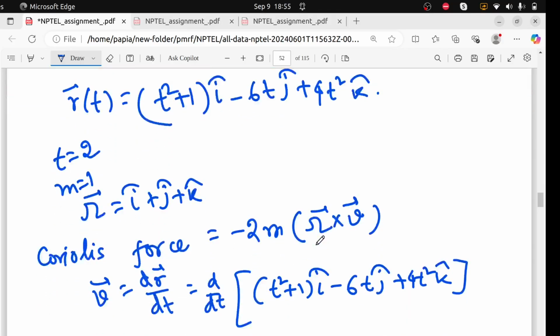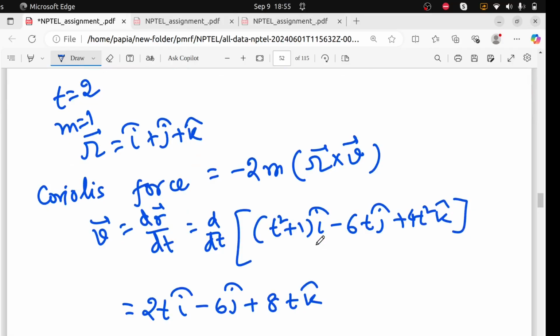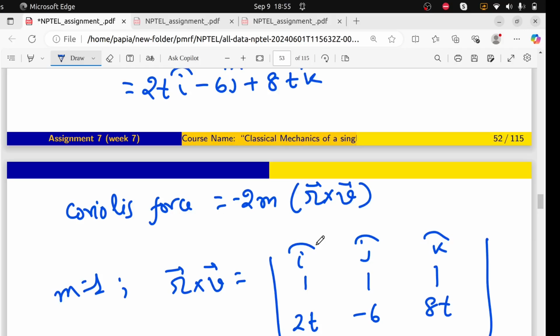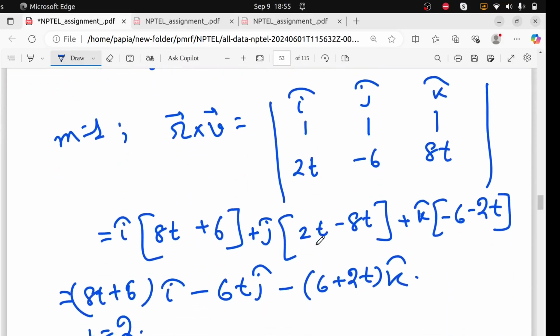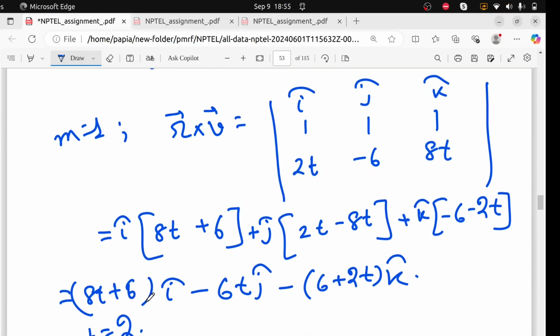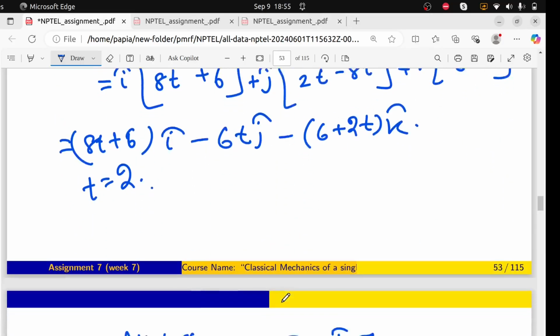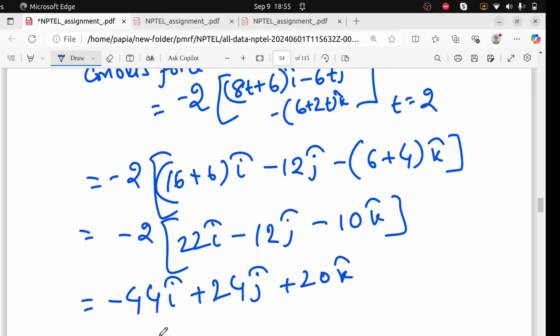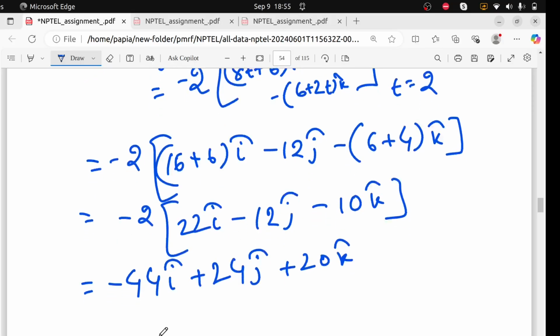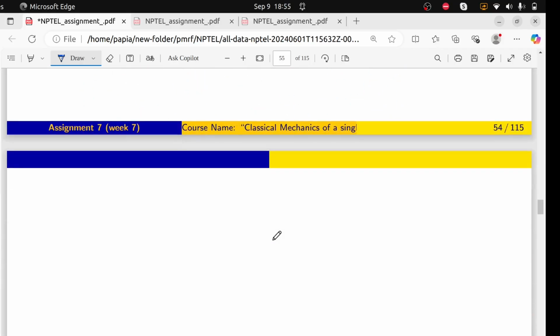V we have calculated as dr/dt, which is 2t i cap minus 6 j cap plus 8t k cap. Then omega cross v gives (8t plus 6) i cap minus 6t j cap minus (6 plus 2t) k cap. Putting t as 2 and m equals 1, the Coriolis force comes as minus 44 i cap plus 24 j cap plus 20 k cap.